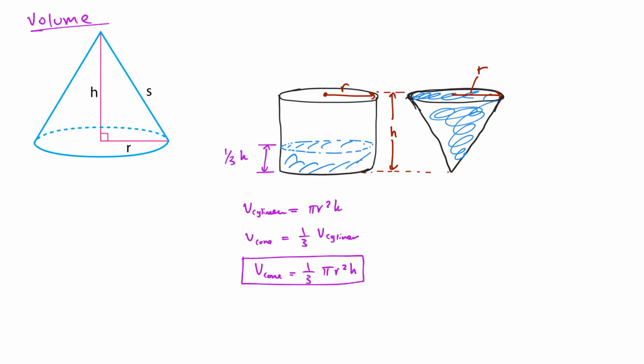An alternative way of writing this, which is the exact same thing, is just pi r squared h over 3. So these two are the exact same thing, just represented in different forms.